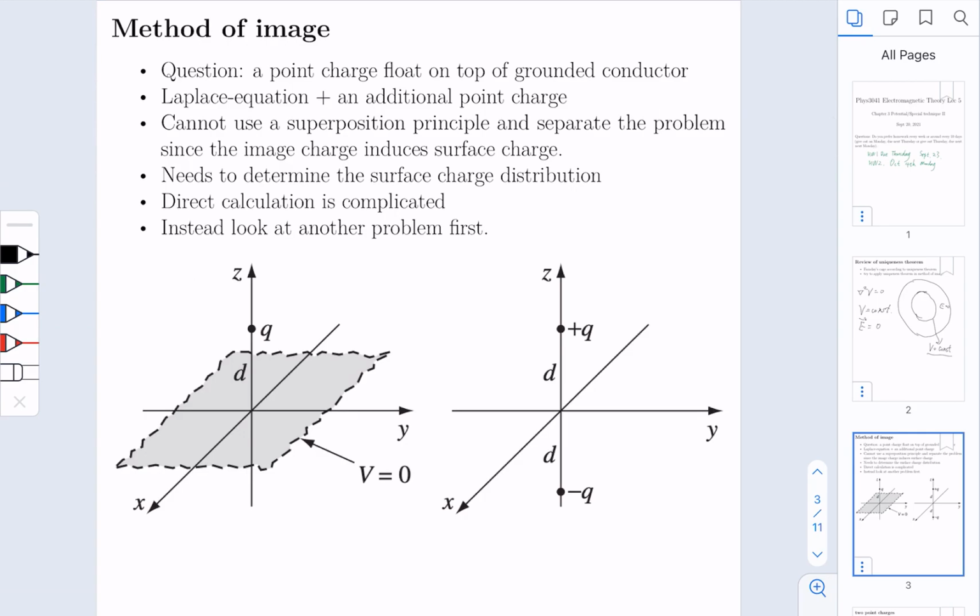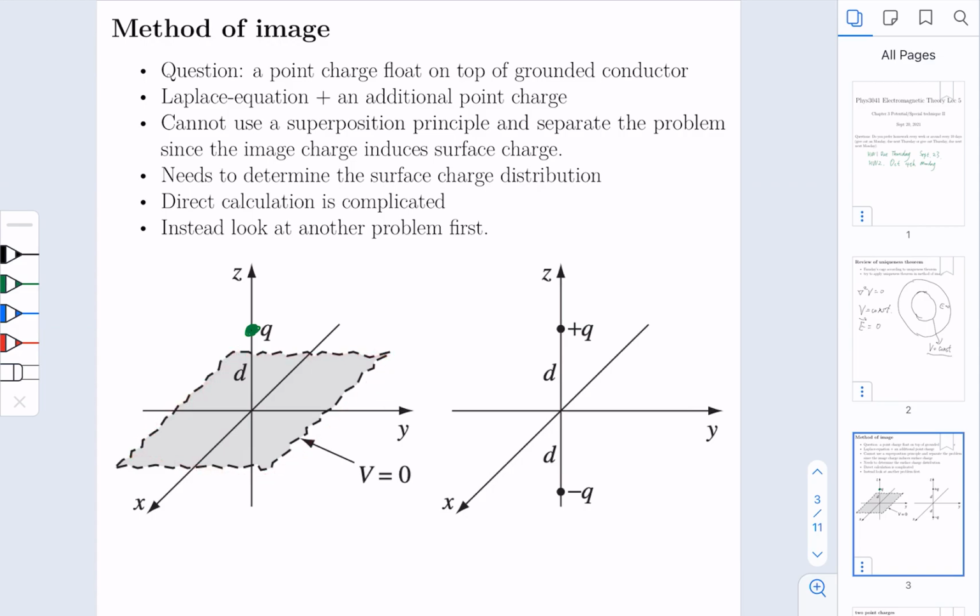The method of image is asking a question about a point charge. Say here is a charge Q floating here, and there is also a grounded conductor at the xy plane. So it's this shaded regime.